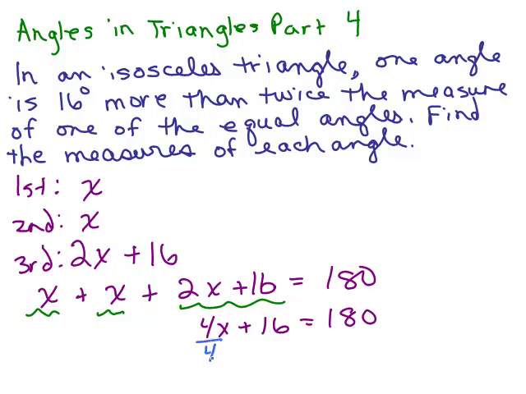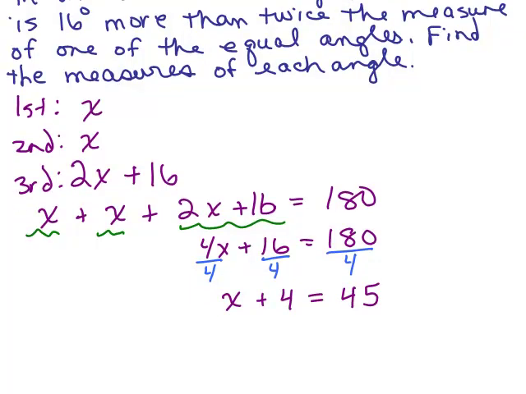So if I divide both sides by 4, I just get easier numbers to deal with. This is an optional way of solving this equation. So that gives me x plus 4 equals, and then 4 goes into 180, well 2 goes into it 90, and 2 goes into 90 45 times, so that's 45. And then I just subtract 4 from both sides.